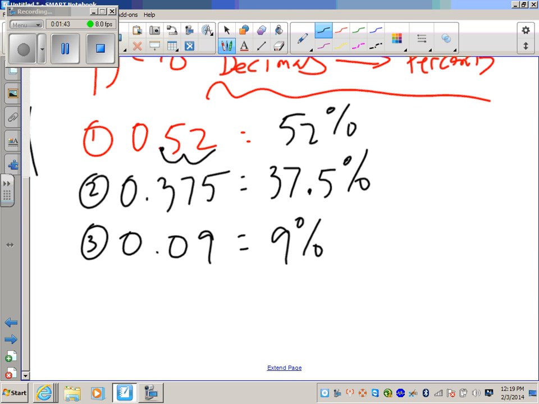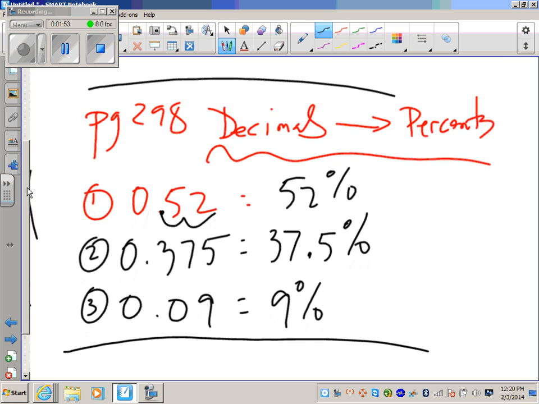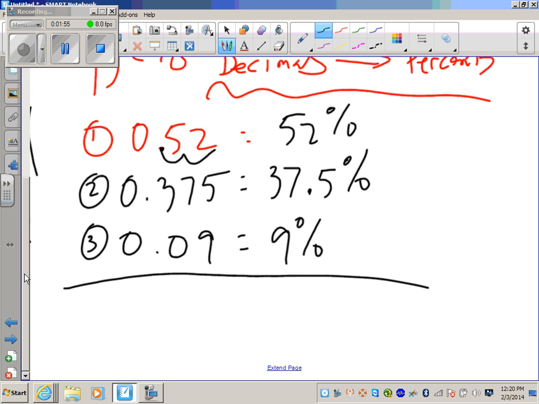How about the next section, each percent as a decimal?